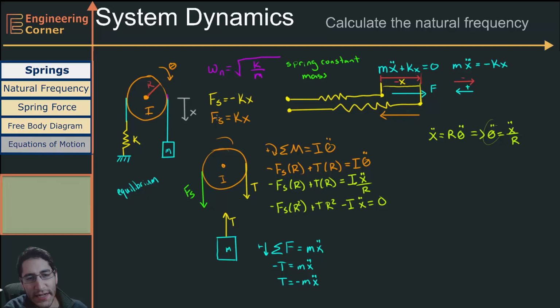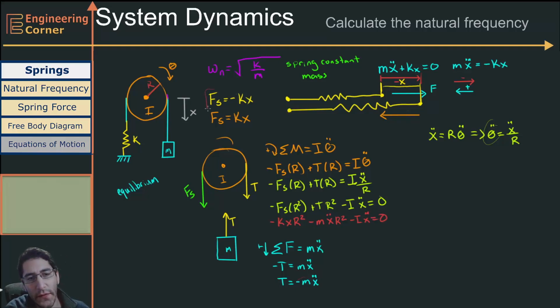So if I just say Fs is equal to k times x, that's fine. I'm going to have minus k times x times r squared plus, actually that's going to be a minus because I'm going to substitute this T in from over here. So minus m x double dot r squared minus I x double dot is equal to 0.